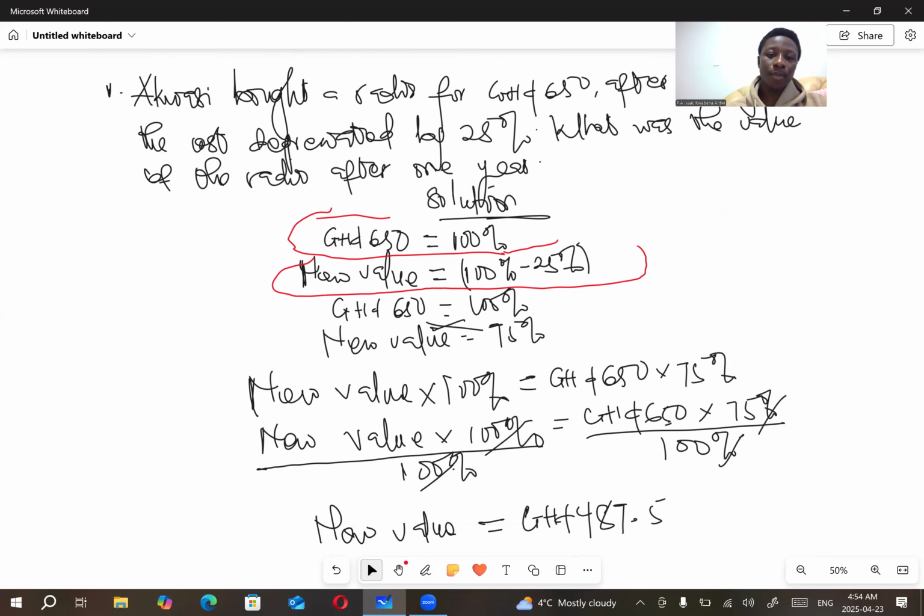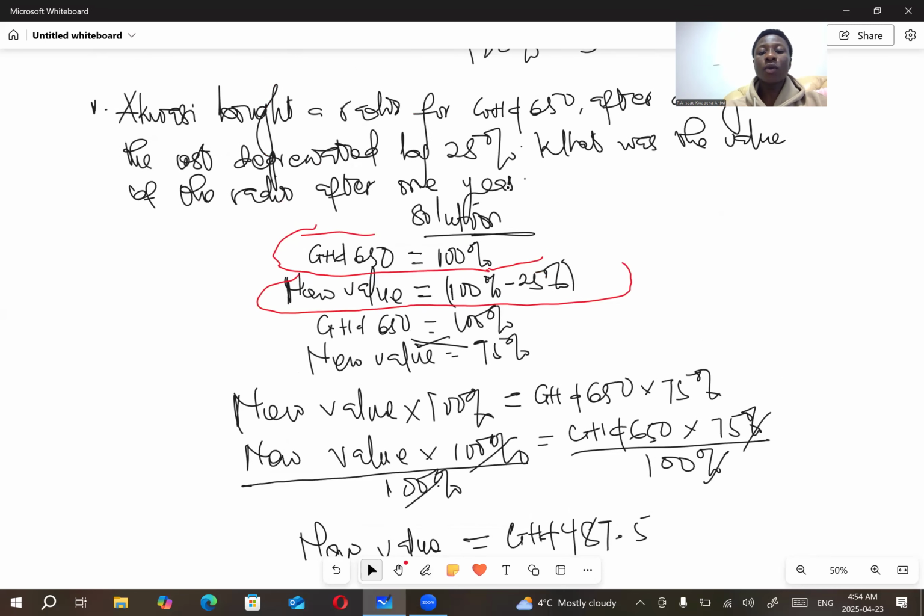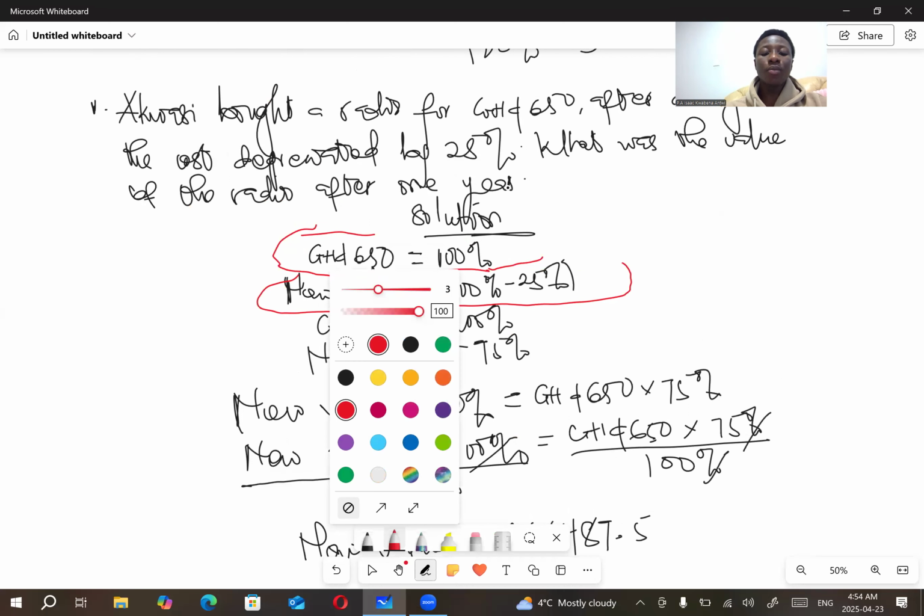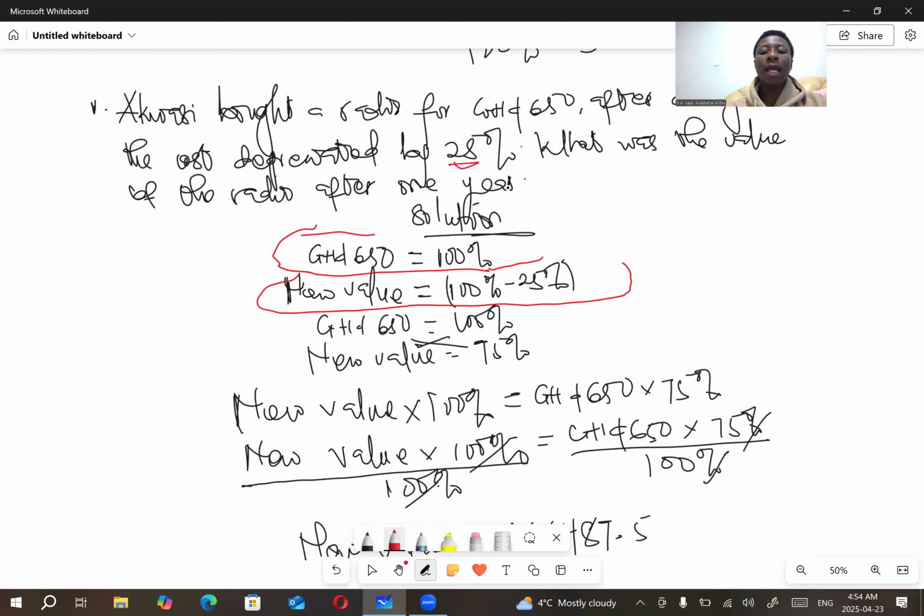Here is the thing. In this question, they gave you the depreciation rate and they ask what is the value of the radio. We said it reduced by 25%. What is that 25% in monetary terms, the actual value in money?